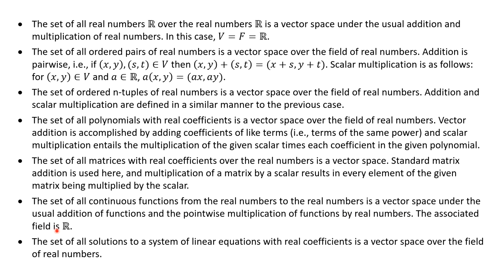The associated field is R, the real numbers. The set of all solutions to a system of linear equations with real coefficients is a vector space over the field of real numbers. And there are many more, but I've given you 7 examples here.